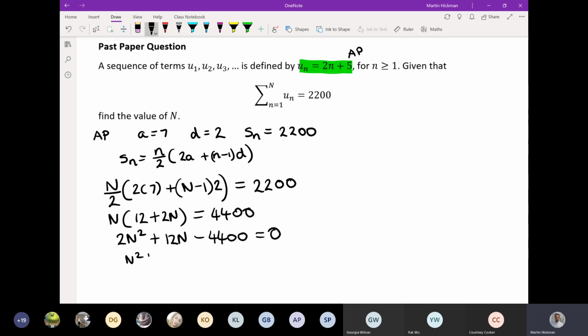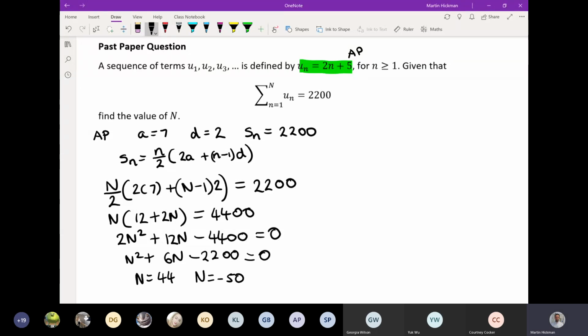I can then simply divide by 2. You might not fancy factorizing this one, so if you want to reach for your calculator, you can do.